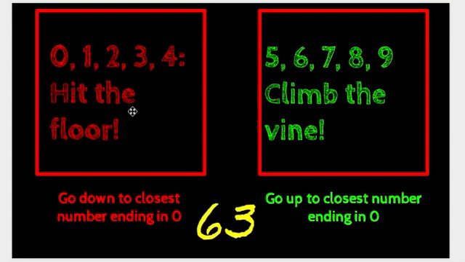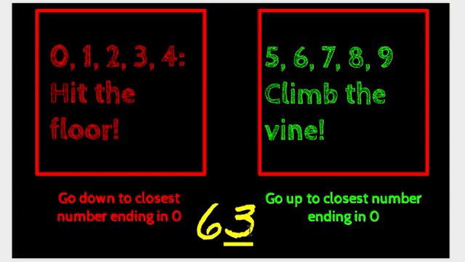So here's an example. Let's take a look at the number 63. All right, and we want to figure out if we had to round this number, what would we round it to? Well, we are going to look at the ones digit, which you can see is a 3. So that's going to be the digit that tells us whether we're going to be rounding down or rounding up.